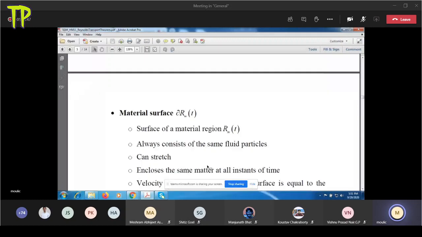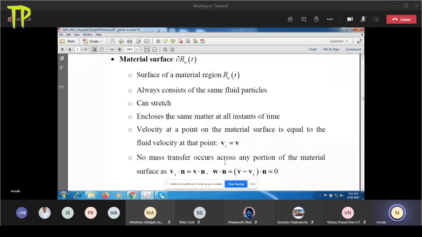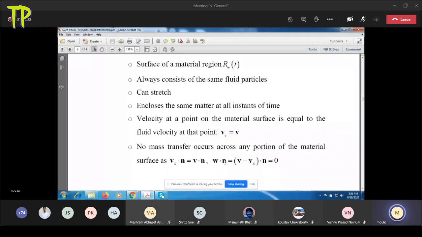The surface can stretch, but it will enclose the same matter at all instants of time, and the velocity at a point on the material surface is equal to the fluid velocity, and hence there is no mass transfer across any portion of the material surface. A point on the material surface will move with the fluid velocity. So if a fluid particle is on the surface, the particle will move and the surface will move along with it, so that the particle always stays on the surface.